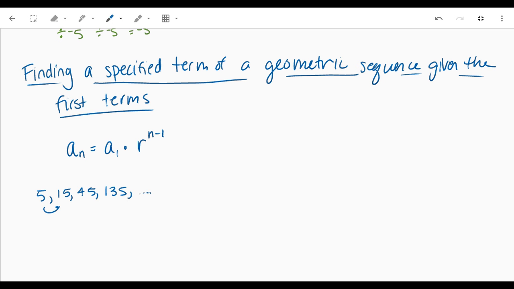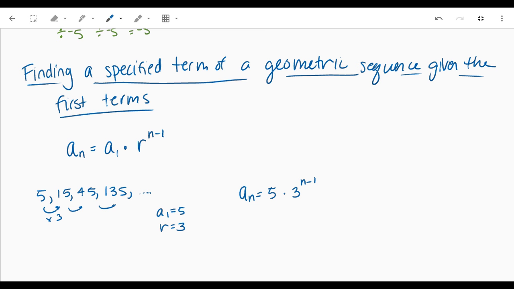Okay, we are multiplying by 3. So the first term is 5, and the ratio is 3. So our formula would be 5 times 3 to the n minus 1.